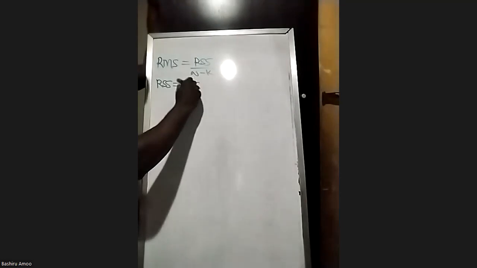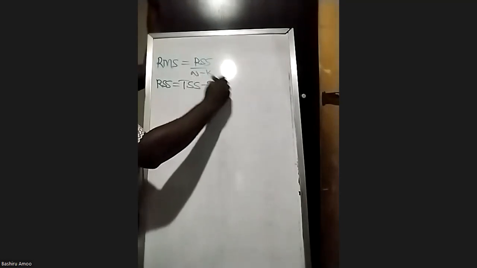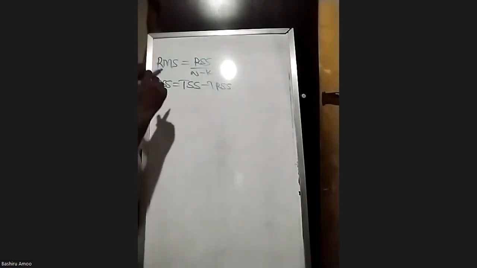And we can get the residual sum of square by total sum of square minus treatment sum of square, right? Minus treatment sum of square.